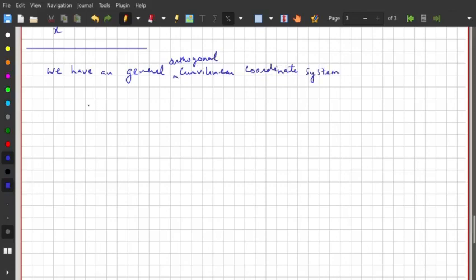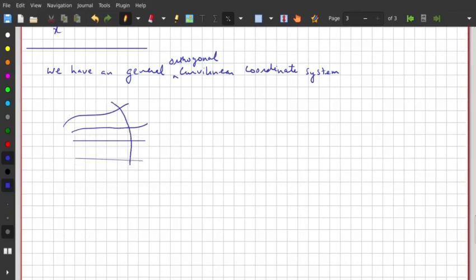In 2 dimensions, the coordinate systems could look something like this. This is any arbitrary system, and then we can also have the third dimension. So that's the generic coordinate system that we are thinking about.